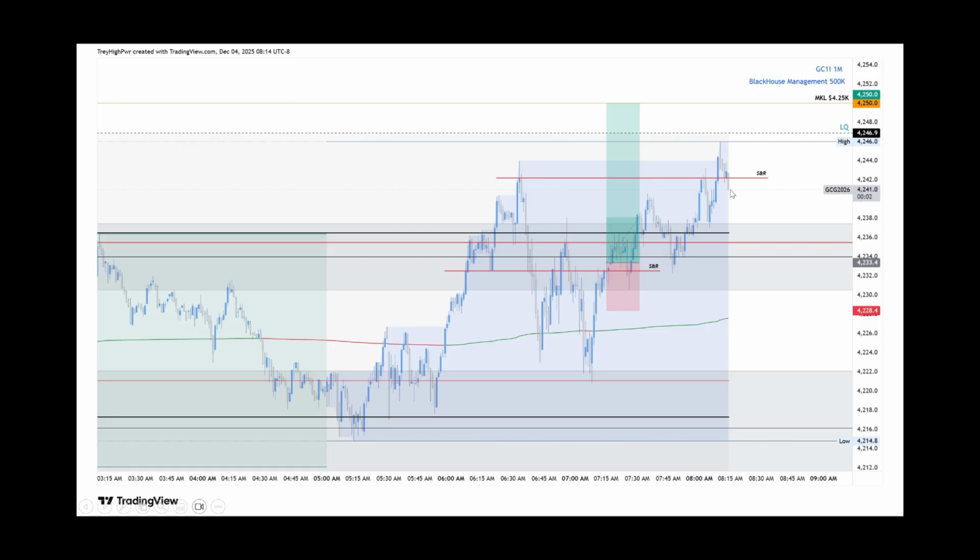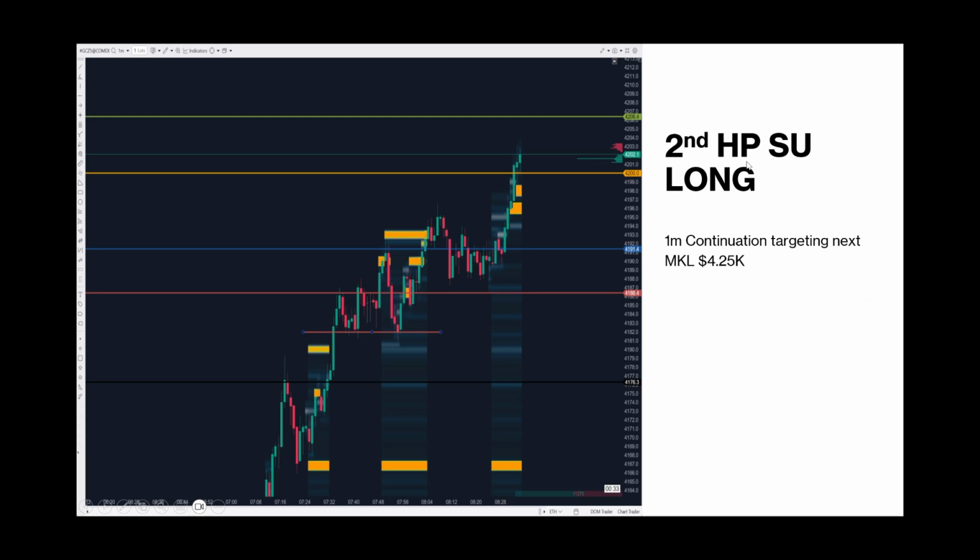Now I want to show you how I entered back. Price came back down, and once price broke above this 1 minute indecision candle, I entered again. So this was our second high probable setup long, the 1 minute confirmation targeting the next major key level, 4.25K.